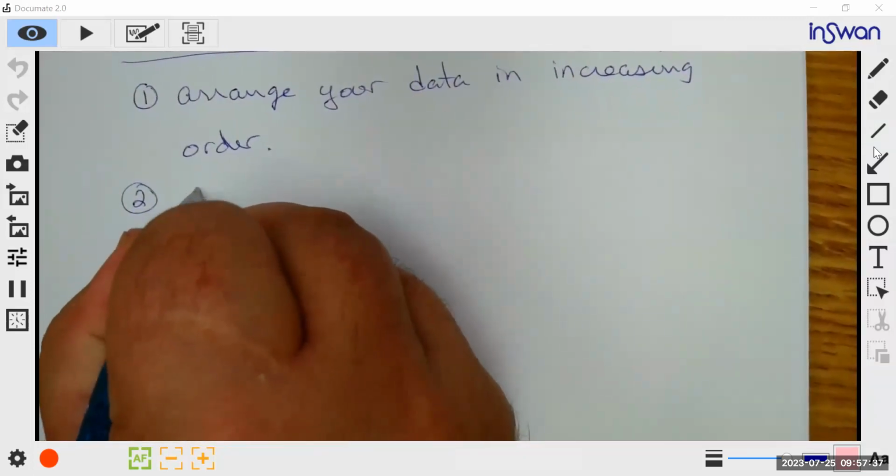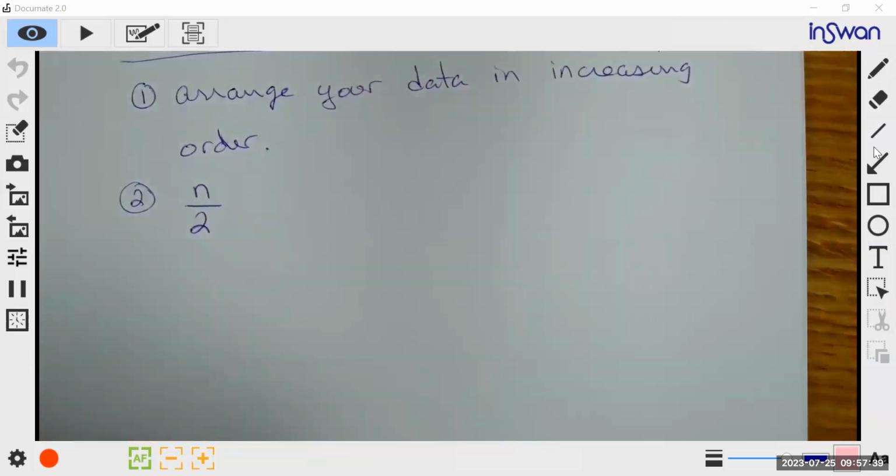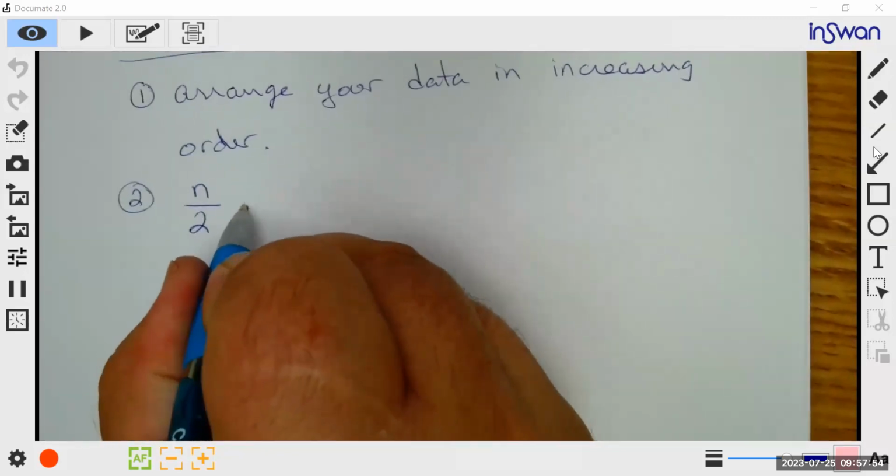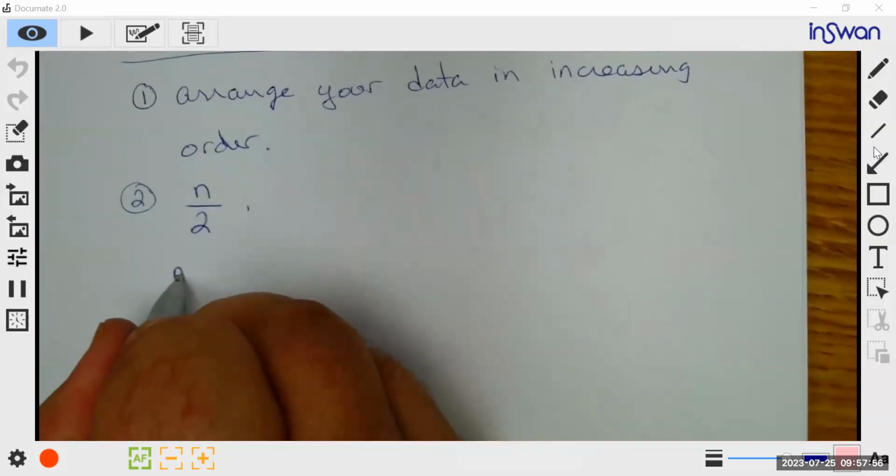Second step, n divided by 2. Why do we do n divided by 2? To get the middle number. But two things can happen.